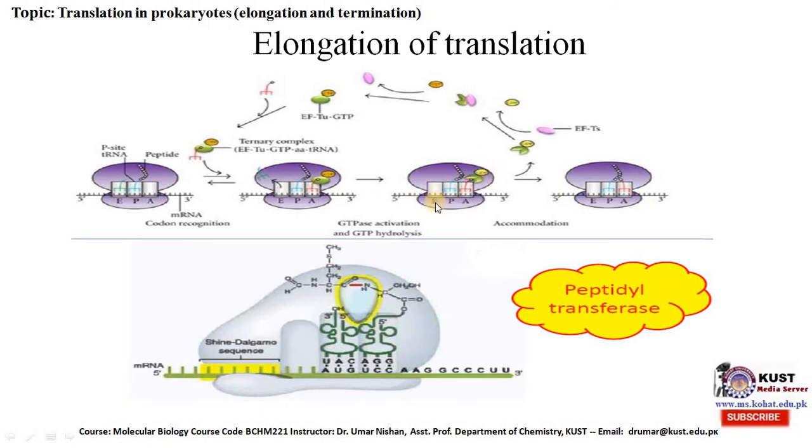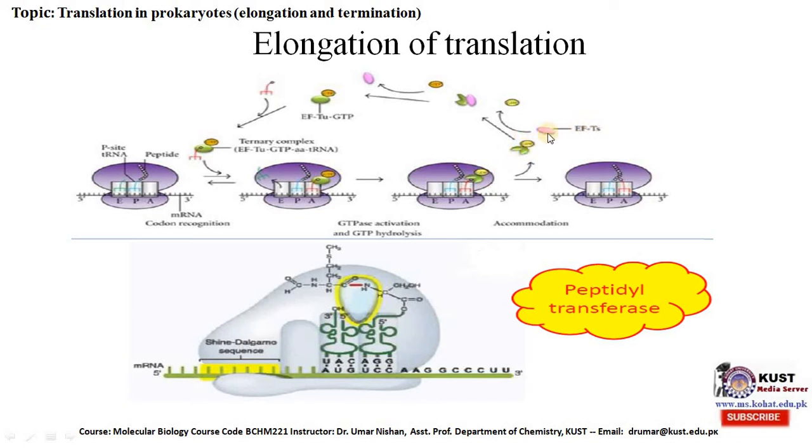This is the E site, P site and A site. This is the 5' to 3' messenger RNA. This is the complex that has formed and now in the next step some of these factors, as we discussed in the text, are released.